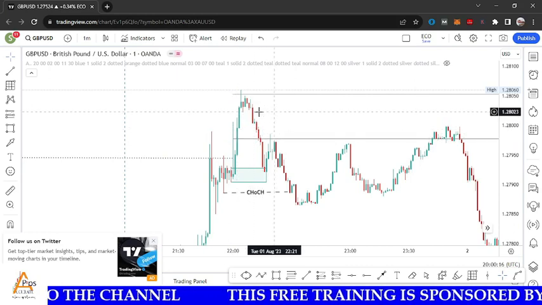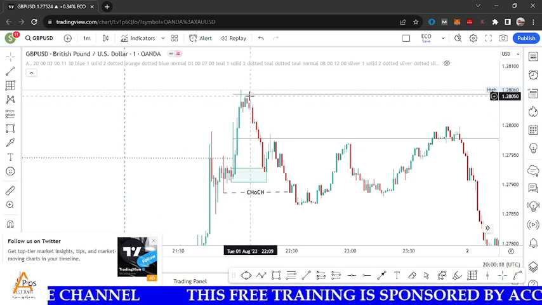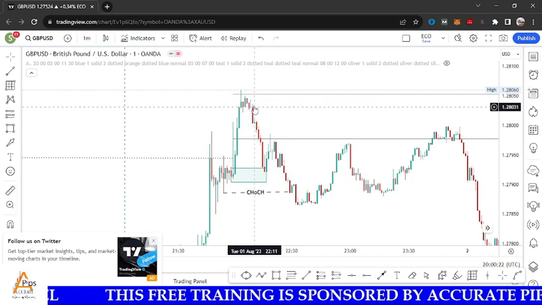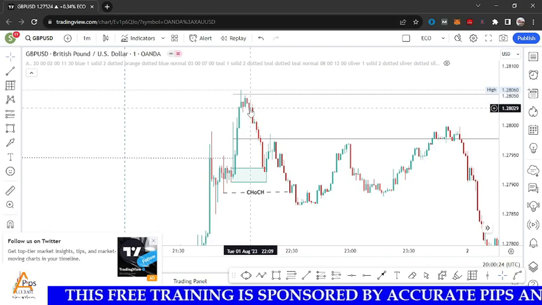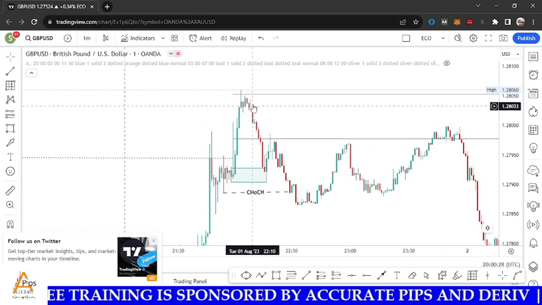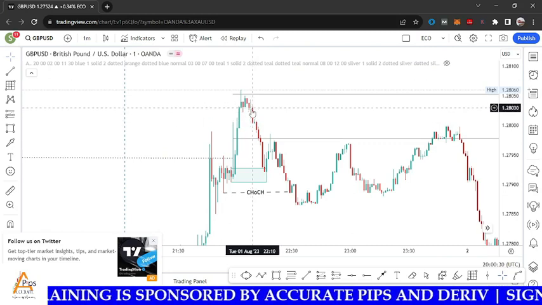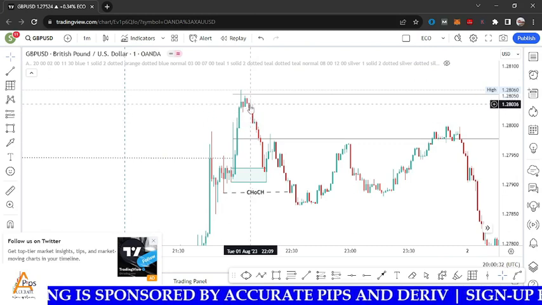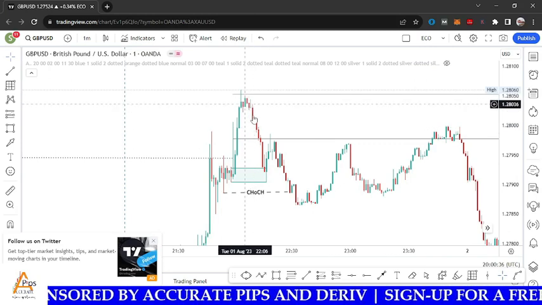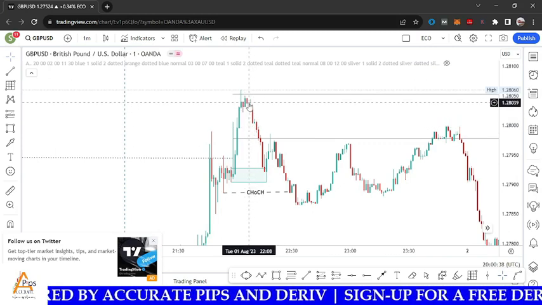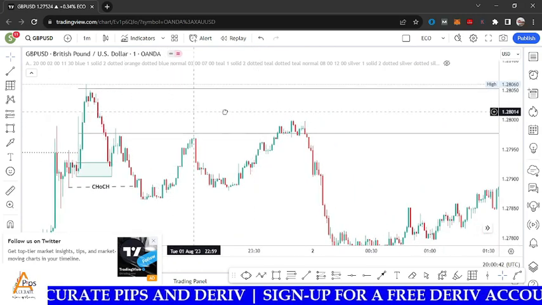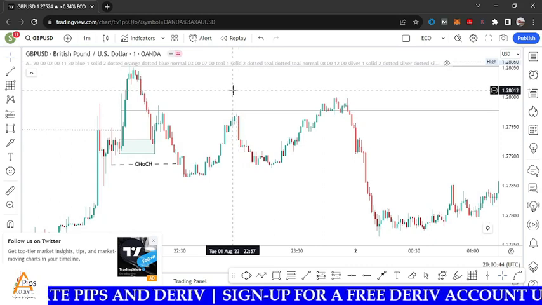Now if you see here, this last green candle took the high of this candle, which validates it for us to use as an OB, but this red candle has already been mitigated because there is a wick within it, which has mitigated that area to make it not suitable for use in this particular scenario.